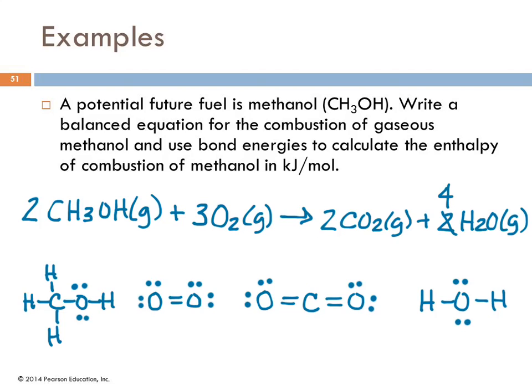I'm going to make that one orange because that one's staying the same. Are there any oxygen-oxygen double bonds on this side? No. And there aren't any carbon-hydrogen bonds. And there aren't any carbon-oxygen single bonds. There's only double bonds. So the only one that didn't get broken was this one.